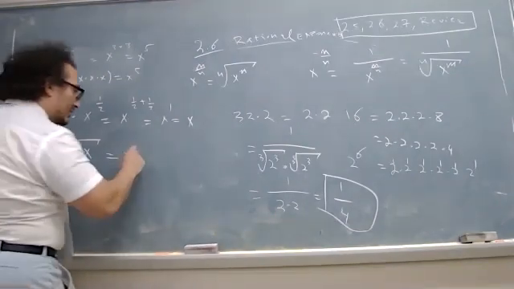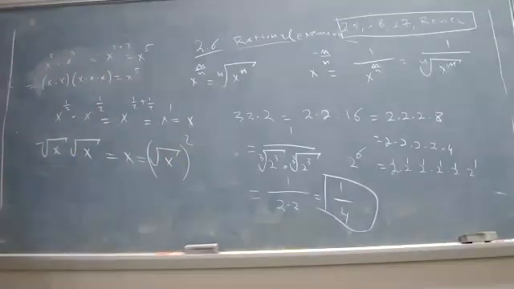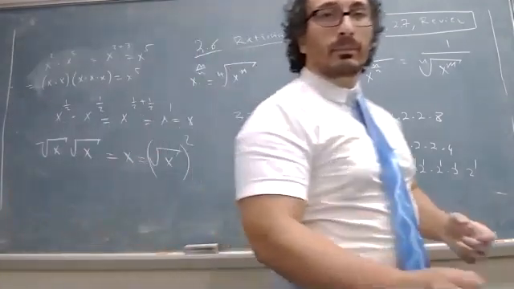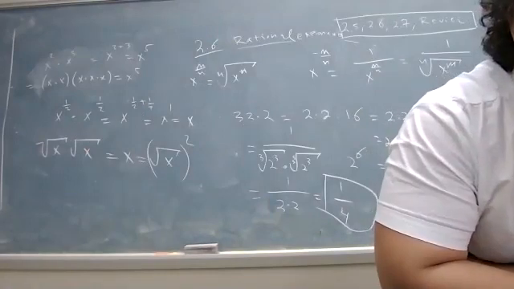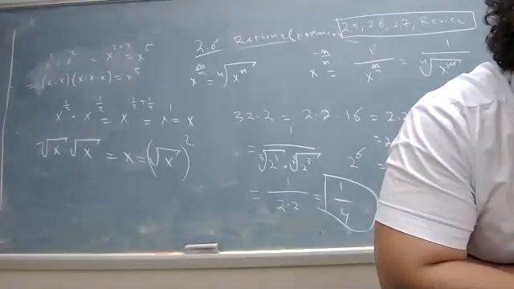Why? Because that's just the square root of x, all of it squared. And to square a square root, by definition, undoes the root. It undoes the radical. Does that answer your question, Jay?